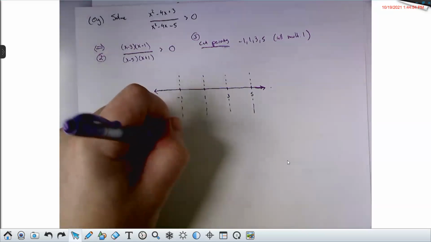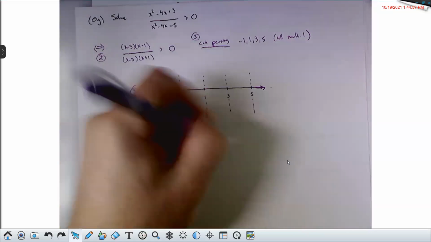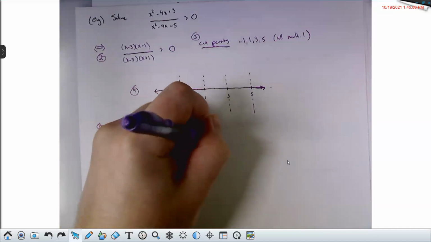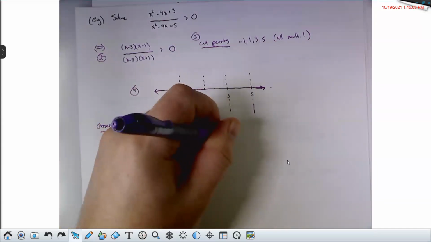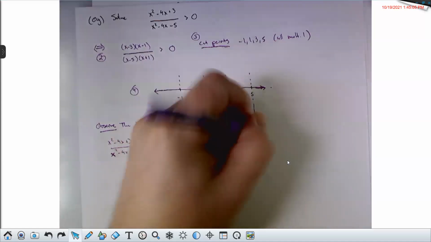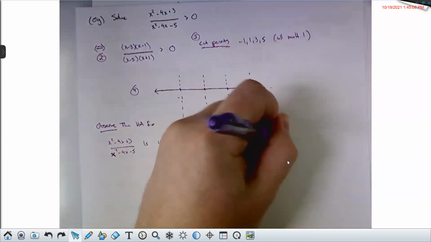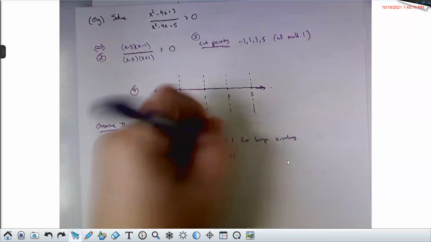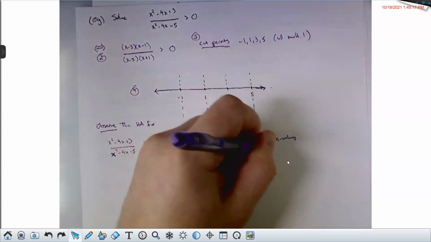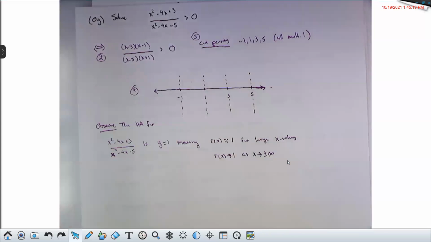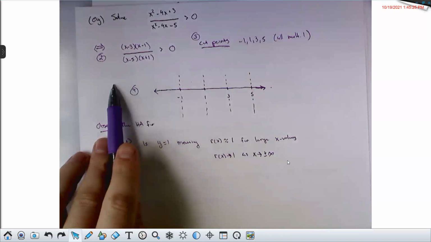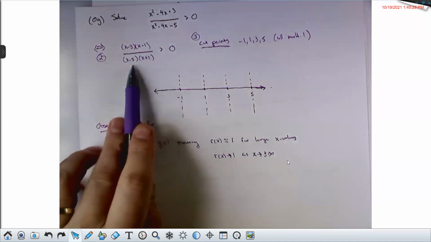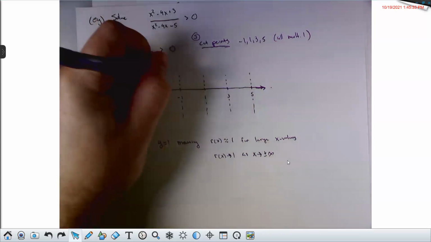What this means is that this function is approximately equal to 1 for large x values, right? R of x goes to 1 as x goes to either plus or minus infinity. So if I'm looking really far out here to the left, this function is very close to 1. In particular, it's positive.